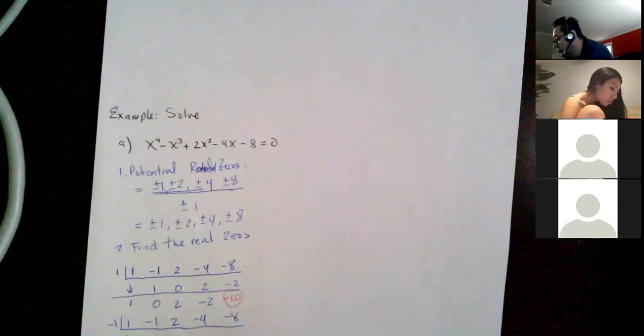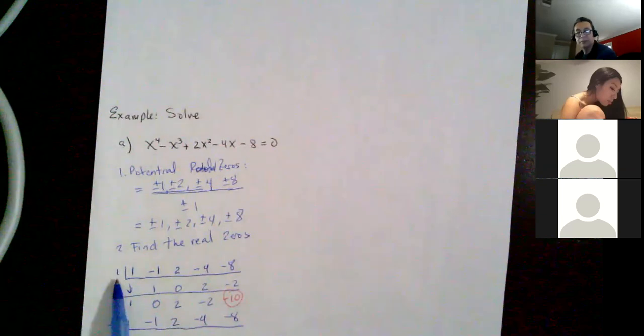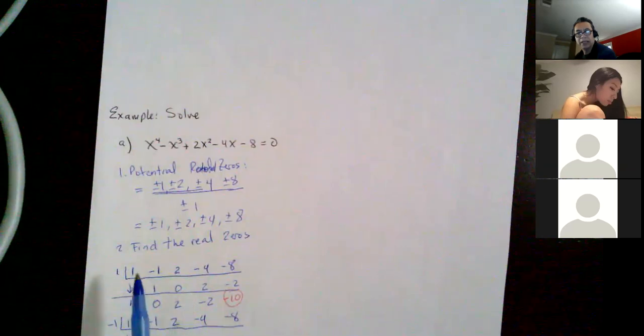Quick question. Why did you put 1 there 2 times? Because for other problems, we just put each number once. That one you put 1 and -1. How come? Because remember, these are the coefficients of the polynomial.